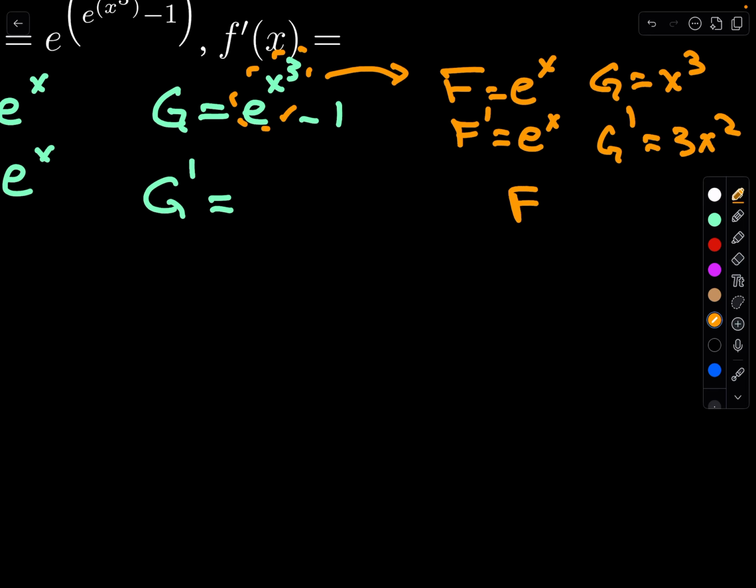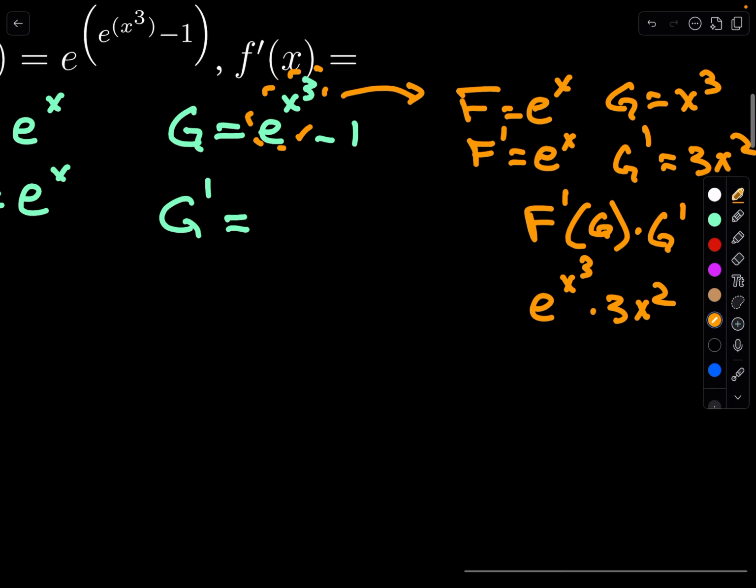So the f prime evaluated at g times g prime is going to be e to the x cubed times 3x squared. So when I go to write g prime, I'm going to do that. So 3x squared e to the x cubed. And then this minus 1, the derivative of minus 1 is 0, so that's why I'm not going to write anything more.